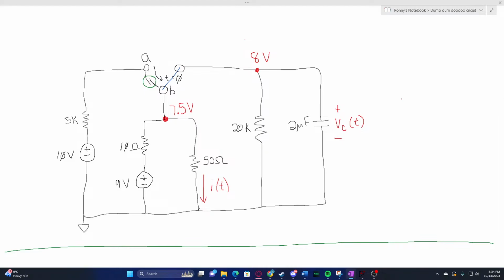Okay, so what is the... I'm gonna go all the way down on my calculator here. The 20K and the 50 ohm in parallel. Then that's going to be in series with the 10 ohms. And if I take 9 divided by the answer, I'm getting 150 milliamps.